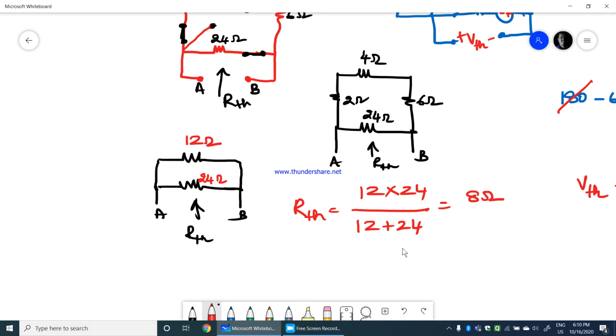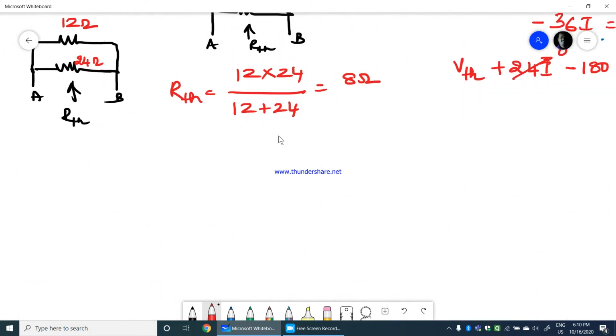So therefore, in this problem, by using Thevenin's theorem, we got VTH equal to 180 volts, whereas RTH is equal to 8 ohms. Now we write the Thevenin's equivalent circuit here.